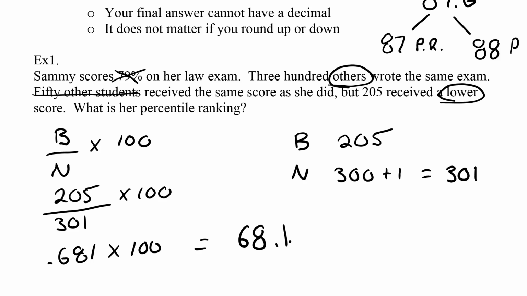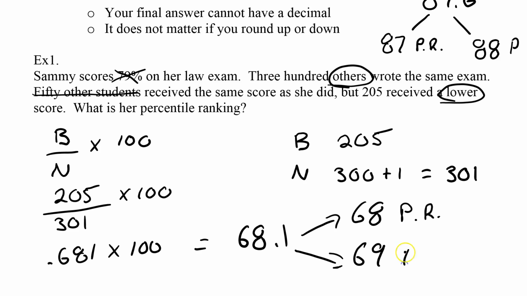But again, we have to realize percentile rank, that decimal can't be there. So I can stay down at the 68th percentile rank, or I can go up to the 69th percentile rank. Both are accepted.